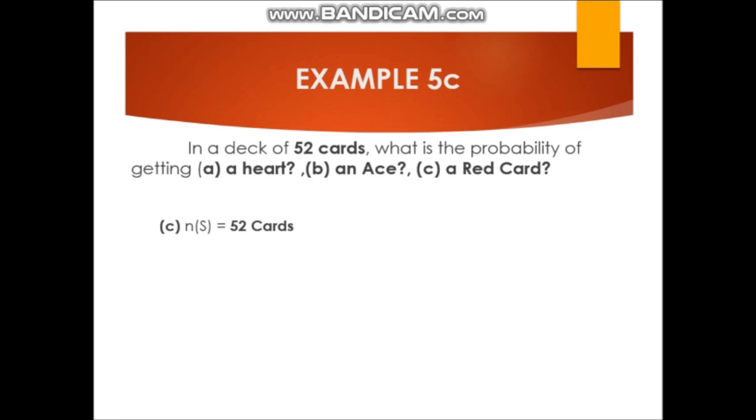So, ibig sabihin, ang magiging focus ng ating probability is diamonds and hearts since yung dalawang figure na yun is color red. So, ibig sabihin, ang ating magiging number of events is equal to 26 red cards. That is from ace to king of hearts and ace to king of diamonds because those figures are both red.